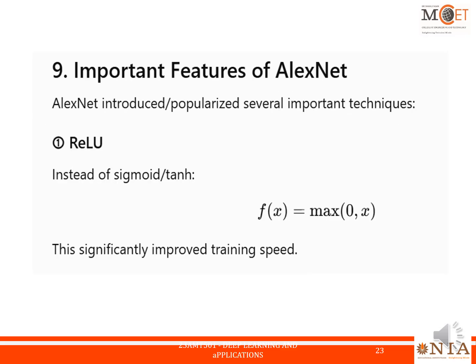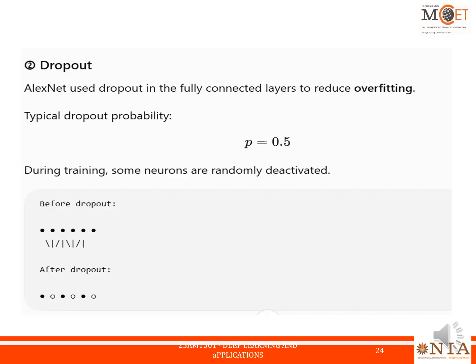Now the important features of AlexNet. Here we use ReLU activation, which significantly improved training speed, given by the formula f(x) equals max of 0 comma x. We also introduce dropout, used in the fully connected layers to reduce overfitting. Typically the dropout probability is 0.5. During training, some neurons are randomly deactivated.